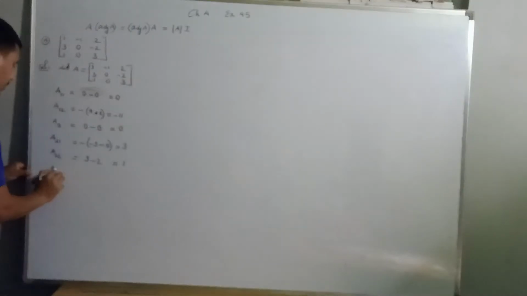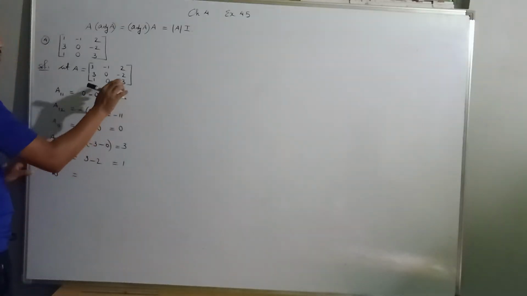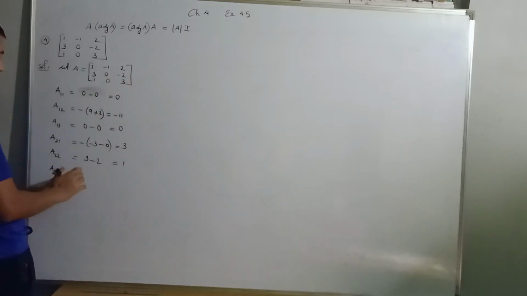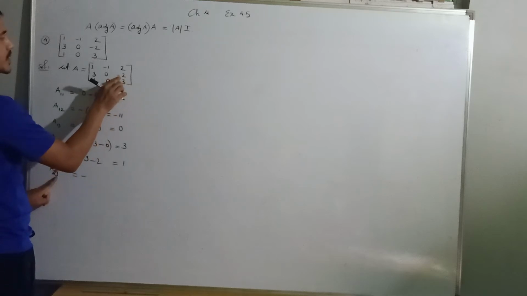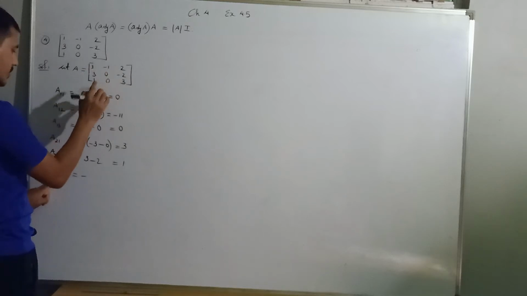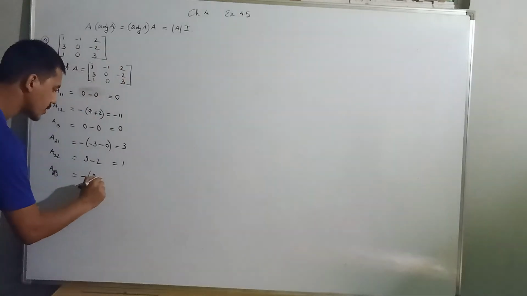And A23, the cofactor of this element: 2 plus 3 is 5, minus 1 to the power 5 is negative. The minor of this element will be the determinant of 1, minus 1, 1, 0. 1 into 0 is 0, minus 1 into minus 1, plus 1.